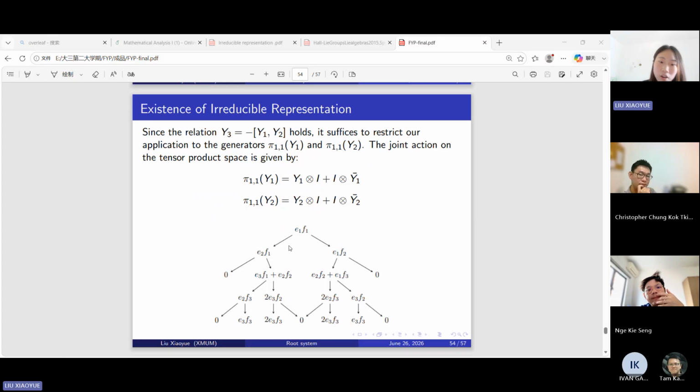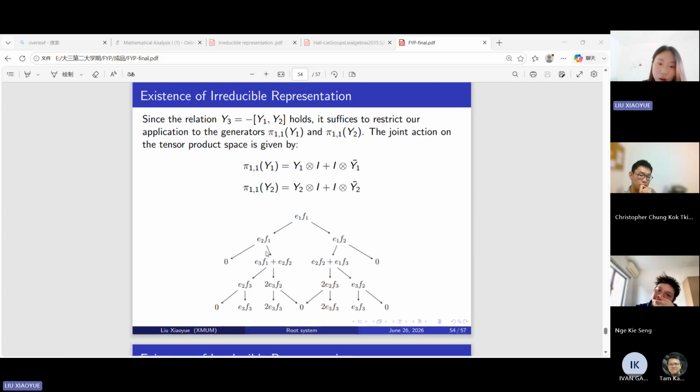Y1 acts on it, and then we produce a new weight vector. And the right branch is the action of Y2. So we can obtain the whole space, the whole representation.